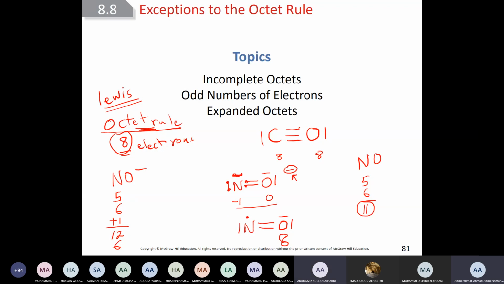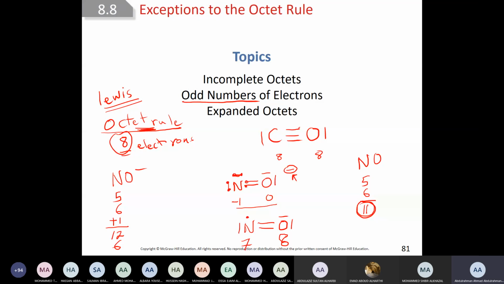7. 7 only. This means if you have an odd total number of electrons, what does that mean? You cannot make the octet rule. Is this clear? Yes. Okay, I hope so.